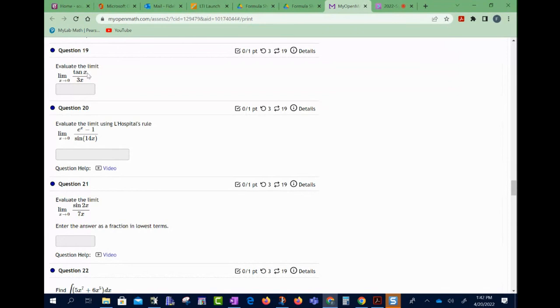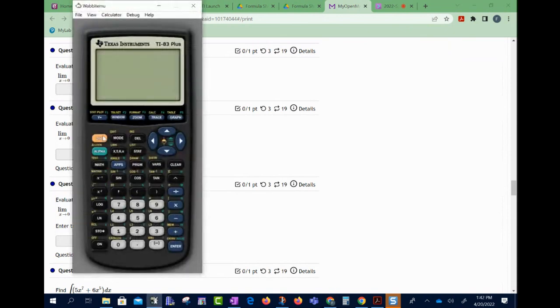So what's the derivative of tangent? Anybody remember? Secant squared, right? The derivative of tangent is secant squared. The derivative of 3x is just 3. So now we're going to have secant squared over 3. Well, when I plug in 0, and if you want to make sure, you can do it like this.